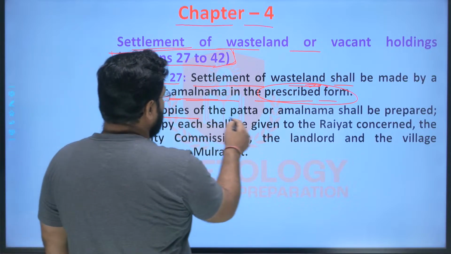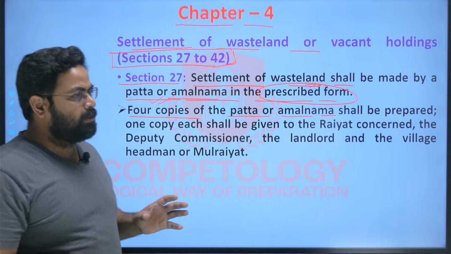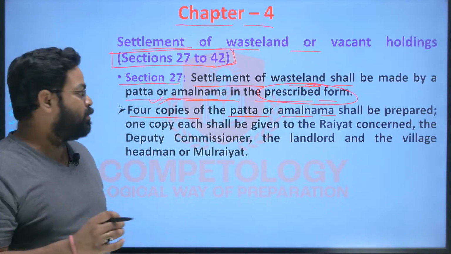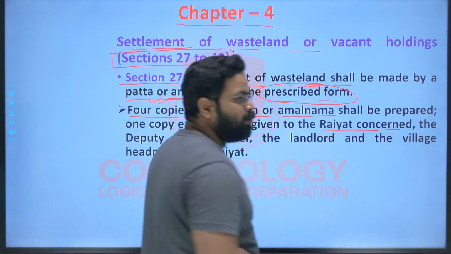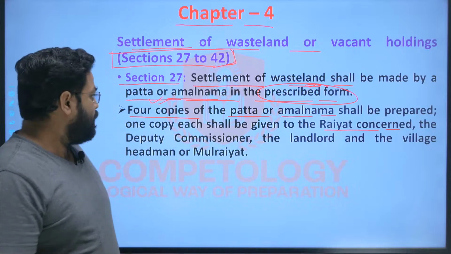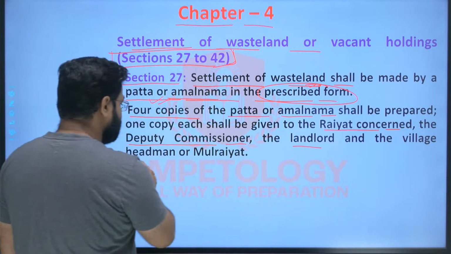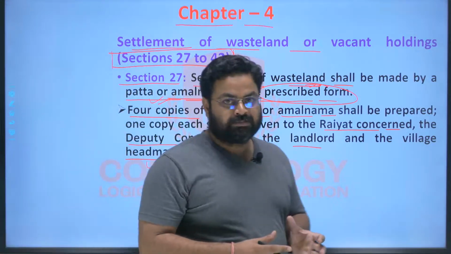And 4 copies of the pattas or the amalnamas shall be prepared. One copy each will be given out. The first copy will be given to the rayat to whom the land is being allocated. One copy will go to the deputy commissioner, one to the landlord, and one to the village headman or the mool rayat, whatever be the case, right?